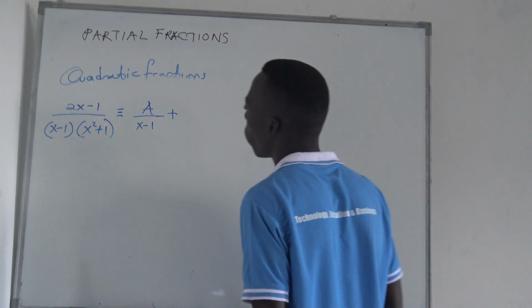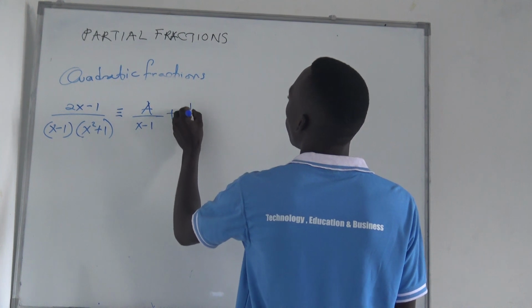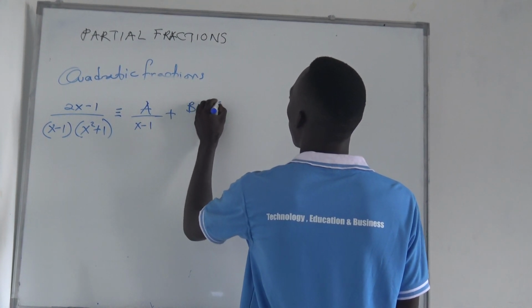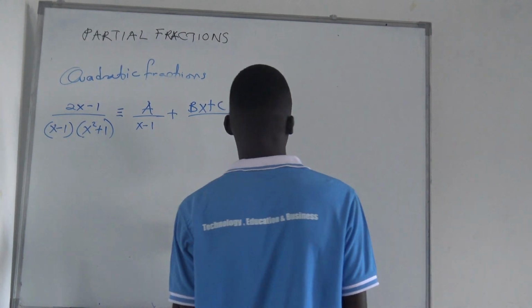Here we have written A over x minus 1, then the B x plus C over x squared plus 1, which is just a combination of the two constants.